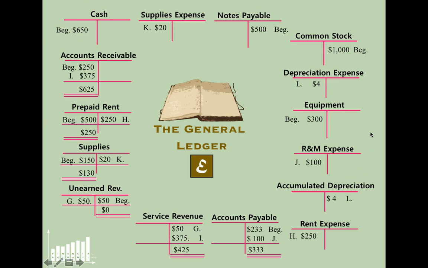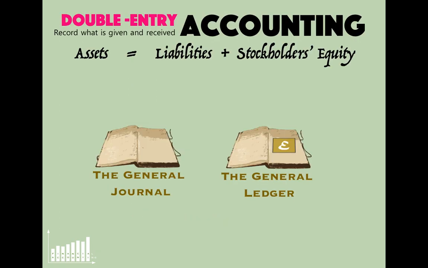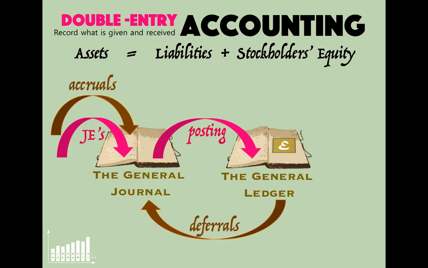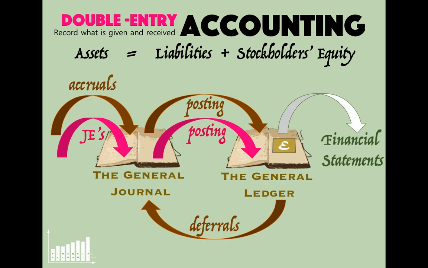So here's our general ledger, and then we build our financial statements. So again, journal entries, posting them to the ledger. Carl's already done that. So then we make our deferrals and accruals, post those to the ledger. And once we've done that, we can build financial statements.